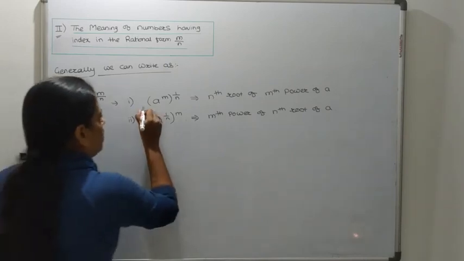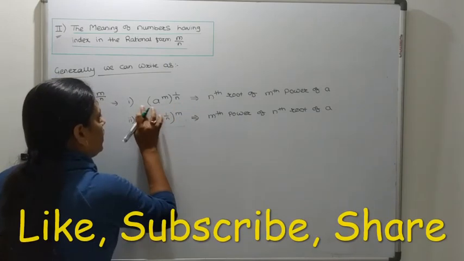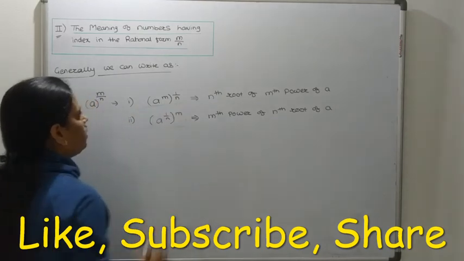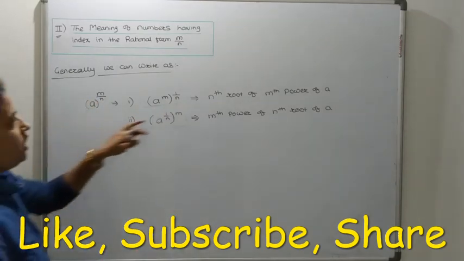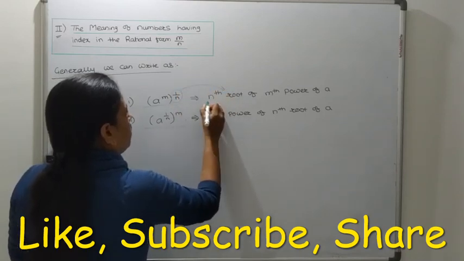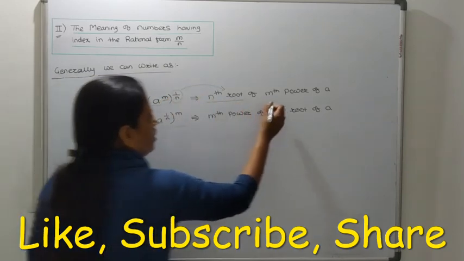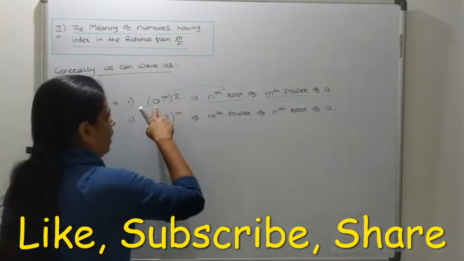So this is the general format when we write an index in the form of m upon n. This one represents the nth root of the mth power of a.